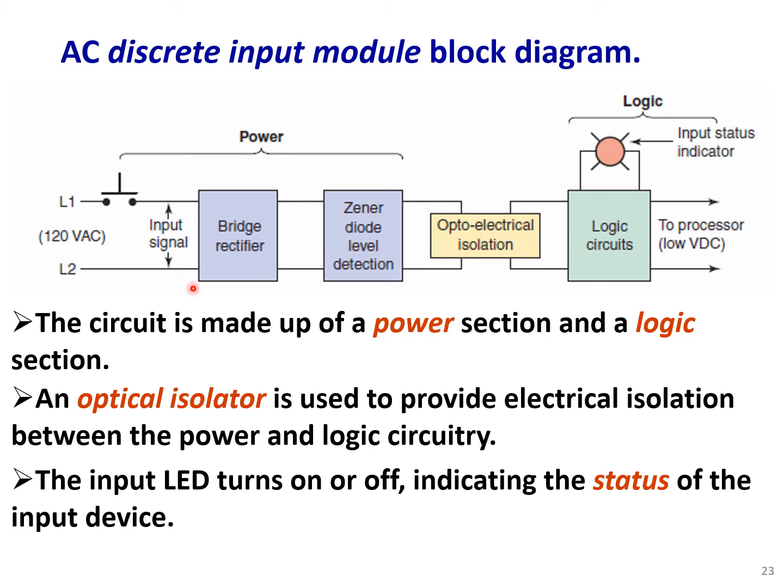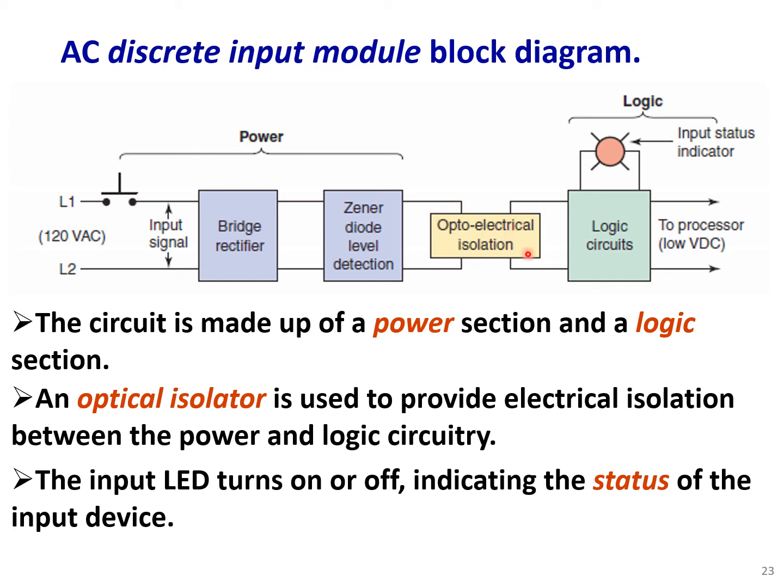But let's see what's happening here. We have our input or switch, and we have 120 volt AC in this specific case. When the switch is turned on, then we have current in the circuit, and inside this optical isolator, we will have a light source emitter and a light source receiver.